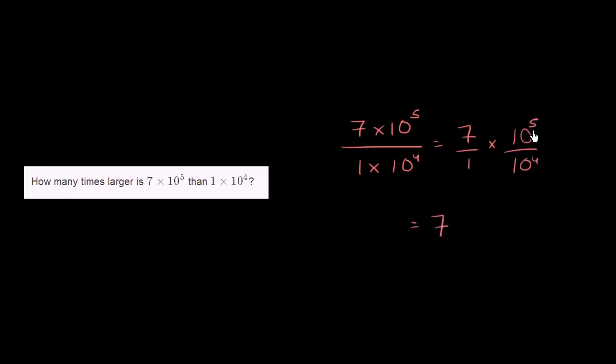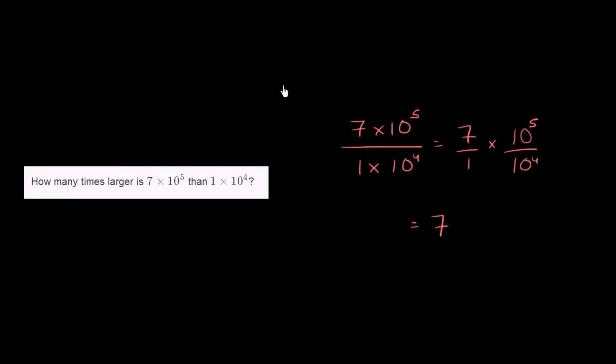And 10 to the 5th, that's multiplying 5 tens, and then you're dividing by 4 tens. So you're going to have 1 ten left over. Or, if you remember your exponent properties, this would be the same thing as 10 to the 5 minus 4 power, or 10 to the first power.